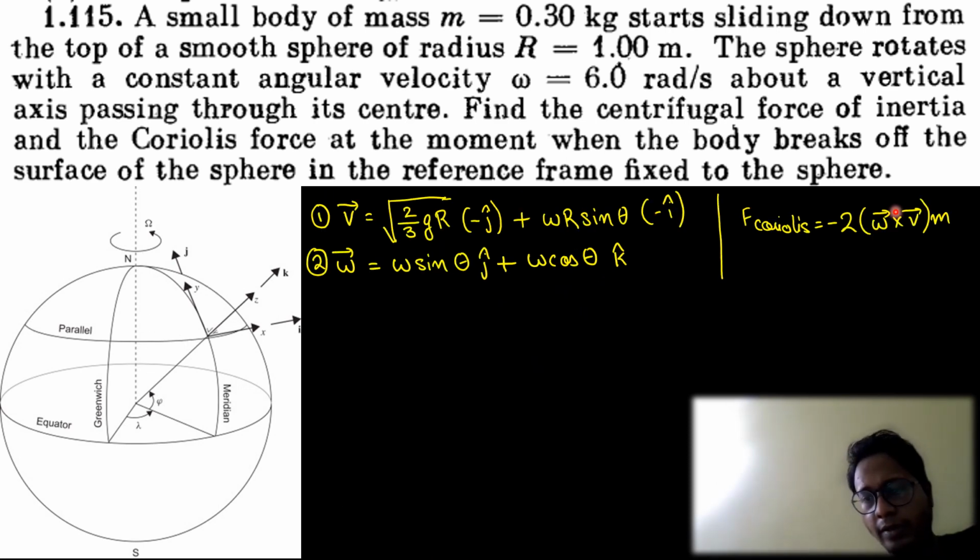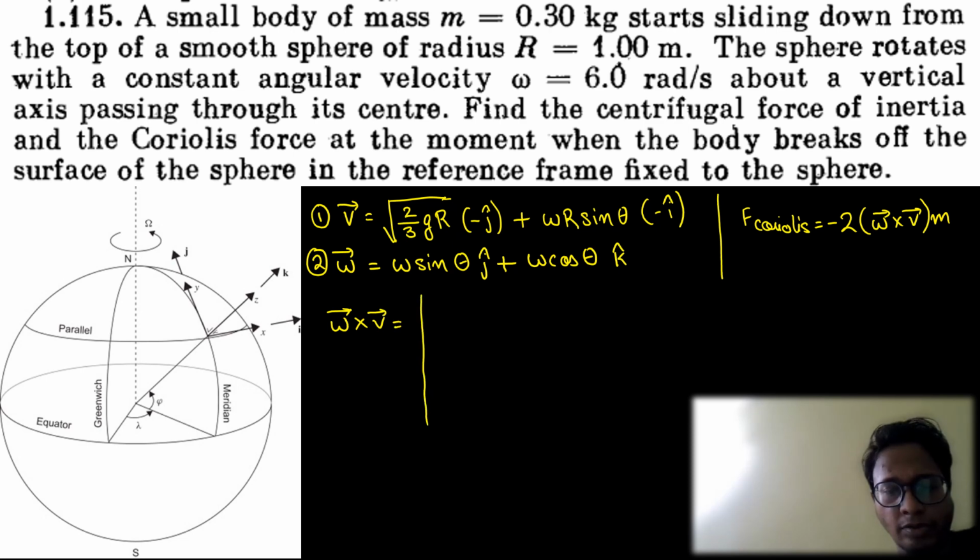Now out here, Coriolis force is nothing but minus 2 into omega cross v into m. So the first thing we'll try to do is find out the value of omega cross v. So omega cross v is equal to the determinant of i, j, k.